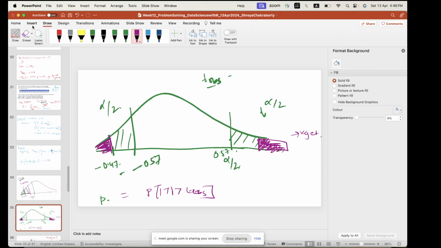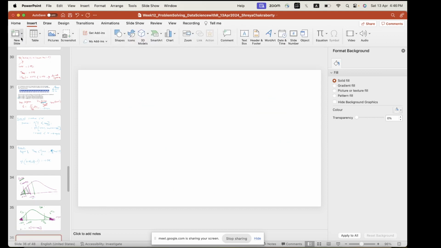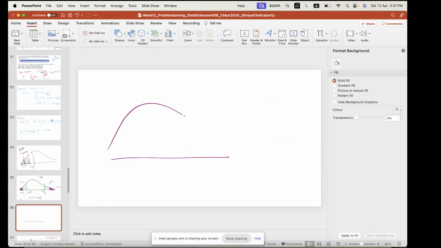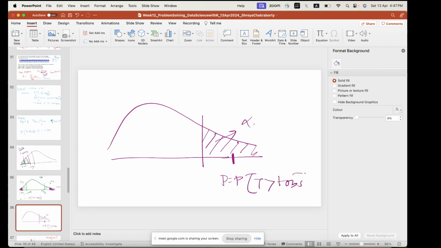In case of a right tail test, let's say this area is alpha. Your p value will be the probability that t is greater than t observed. If t observed is falling over here, your p value would be this right side area, and if this area is less than alpha, then you are good to go.